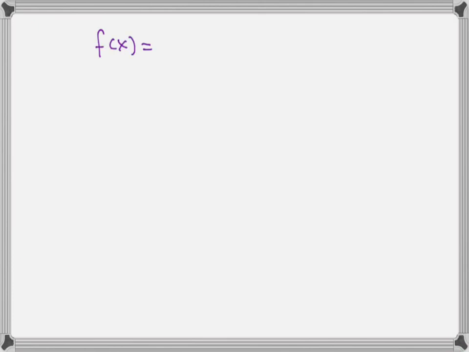How about if I give you a function that is 2x squared minus 8x plus 5, and I ask you what is the vertex? How do you find it? You have to use the formula negative b over 2a.